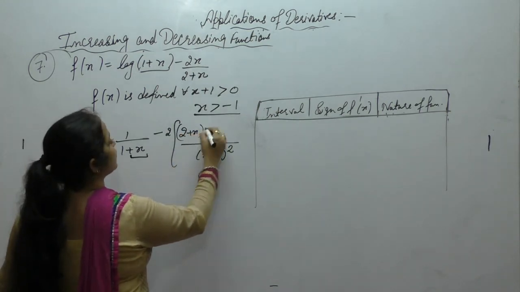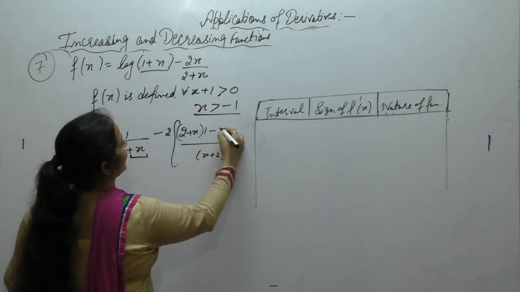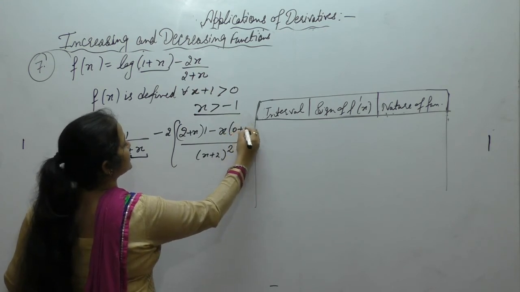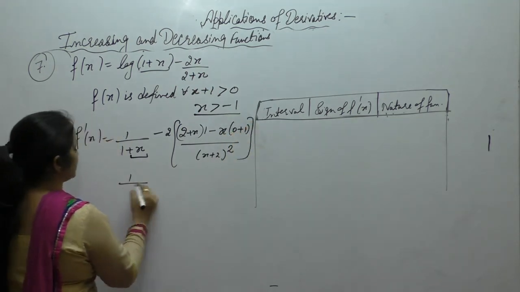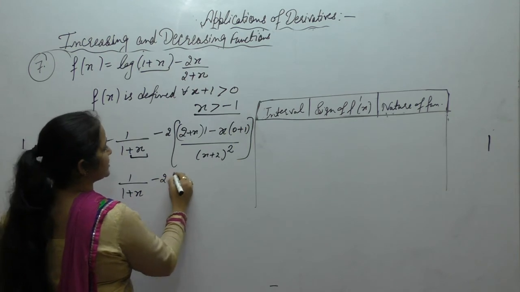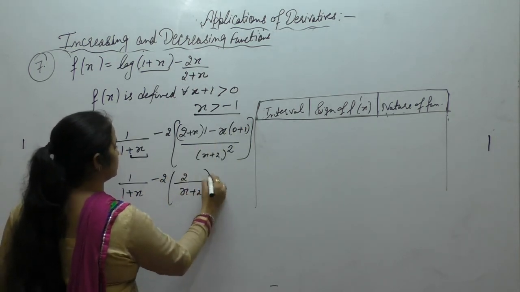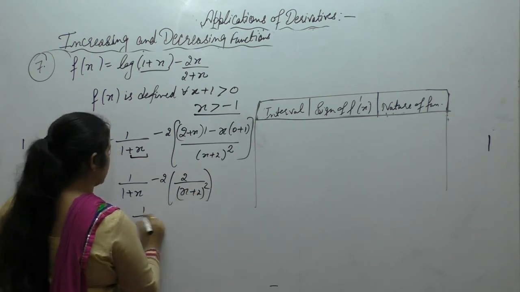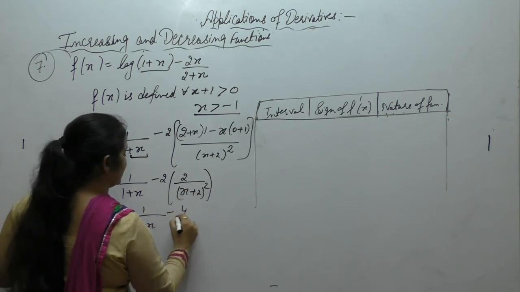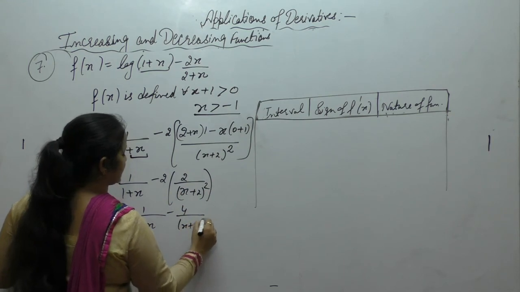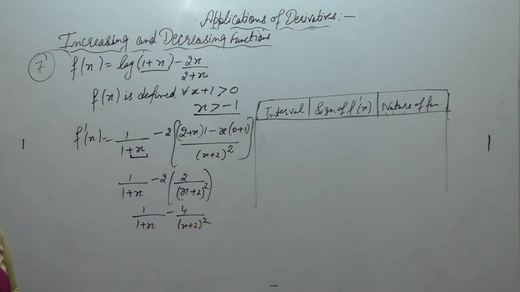Derivative of x is 1. Minus derivative x as it is. Derivative of 2 is 0. x is 1. So 1 upon 1 plus x minus 2. x will get cancelled. 2 upon x plus 2 square. So 1 upon 1 plus x minus 4 upon x plus 2 whole square.